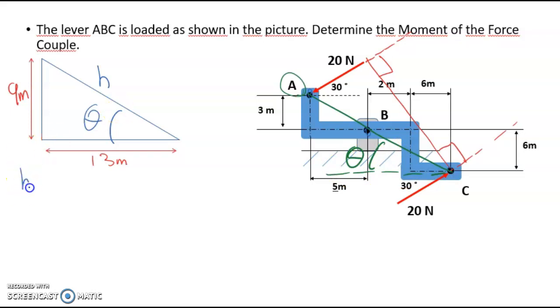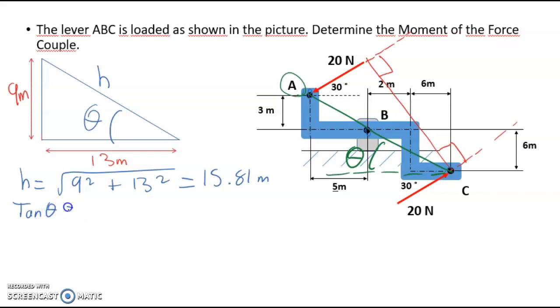First, h. The hypotenuse is going to be the square root of 9 squared plus 13 squared, which is going to be equal to 15.81 meters. And we can obtain theta by the tangent. We know that tangent of theta should be 9 over 13.